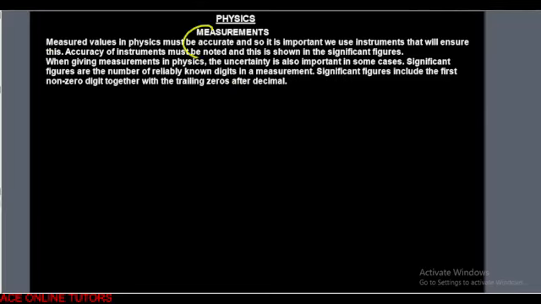Since we are concerned with accuracy, we must use instruments that are going to give us a high percentage of accuracy. Accuracy of instruments must be noted. You must know the accuracy of any instrument that you want to use.